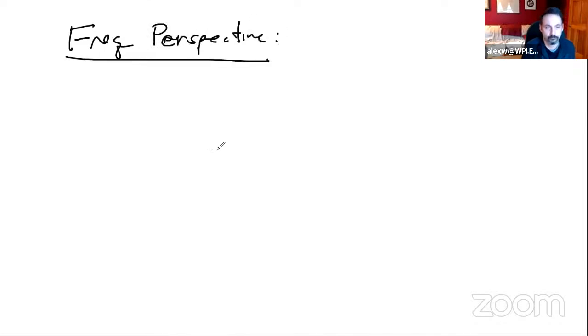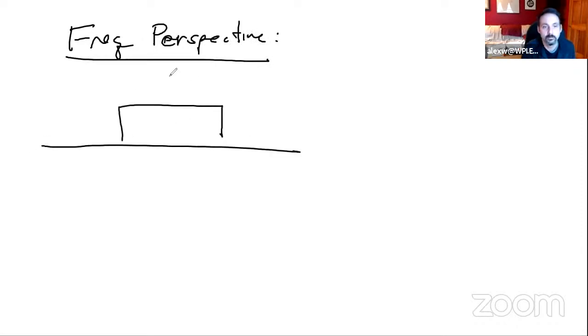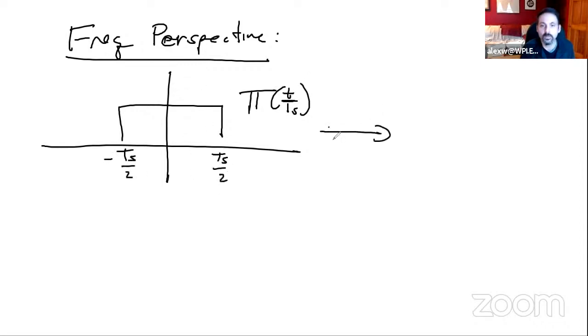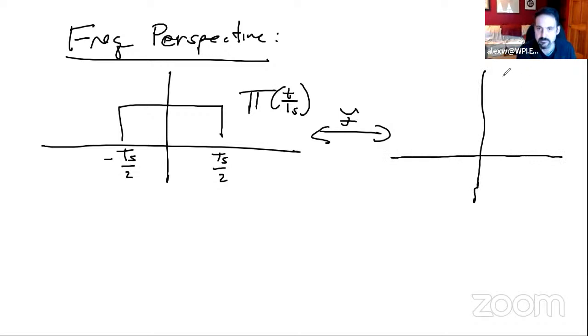From the frequency perspective, if we use rectangular pulses, described like this, for minus TS over 2 to TS over 2, the frequency equivalent is going to be a sinc pulse.